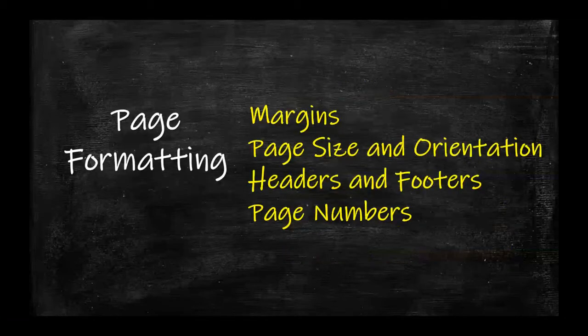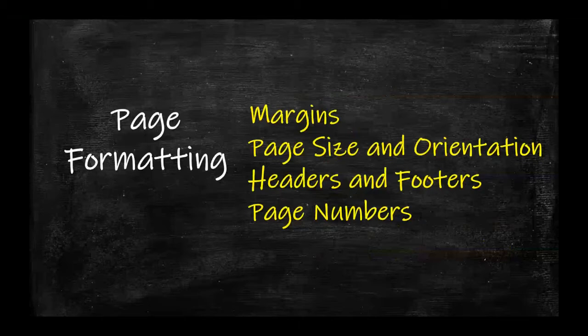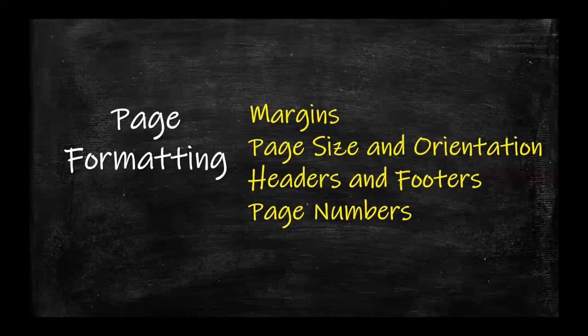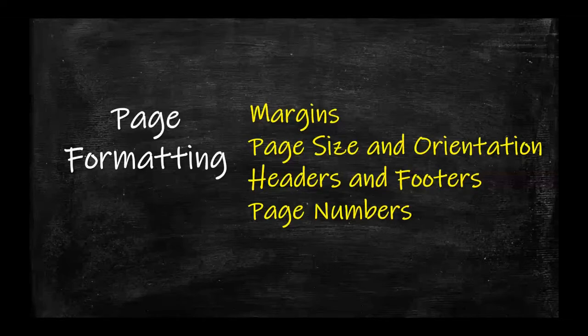Next is the page formatting. Page formatting is about the entirety of the page or the paper that we are using in creating the document. The first is the margins, then the page size, then the orientation, then the headers and footers, and then the page numbers. When we say page size, it's either letter size, legal size, or A4, or any size available on the list of page sizes.